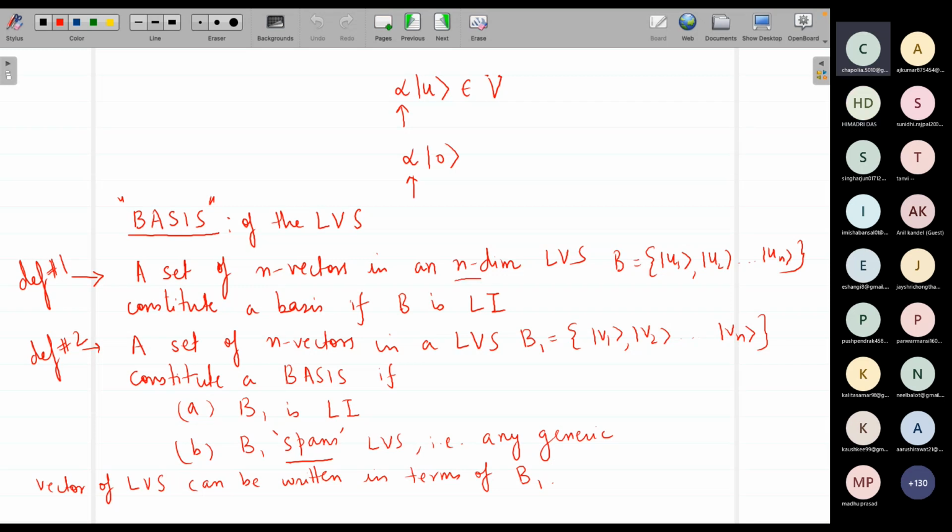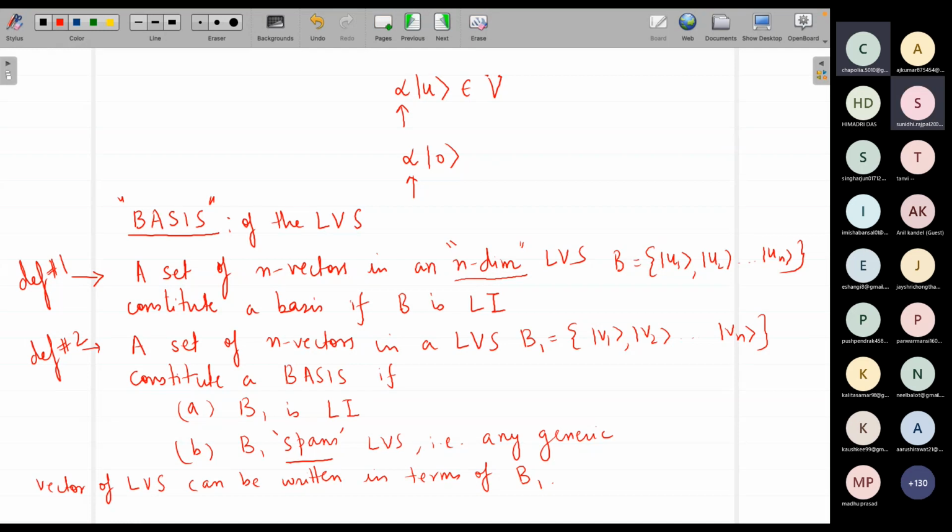Yes, sir. Absolutely right, bingo. So this is what the catch was: I already told you that it is an n-dimensional linear vector space. If it is n-dimensional, what's the maximum number of linearly independent vectors it can hold? n.